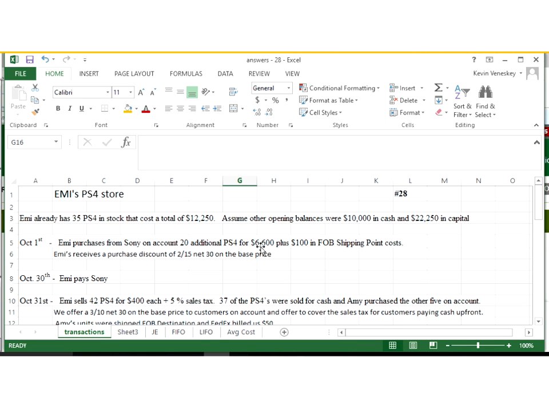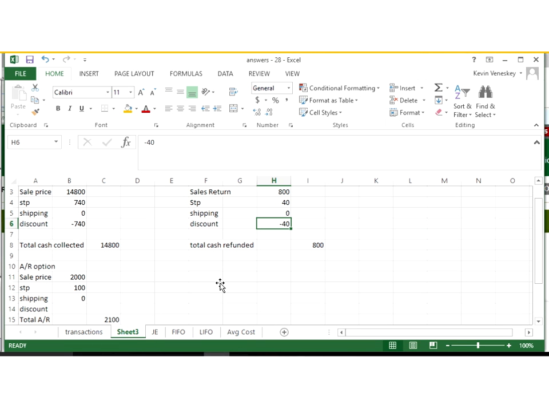So when Amy returns something that she bought from Sony for $6,600, they're going to give her back what was originally paid. So off to the side, how much, if they were $6,600 for the total, not $6,700 because that included shipping, but just what Sony billed me for those 20 items, I'm only going to be getting back $330 from Sony.